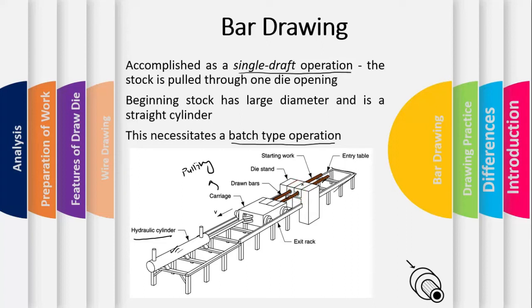And there is some lubrication also, at the entry side, when it's entering into the die cavity, right? So this is the basic scheme for the bar drawing operation.